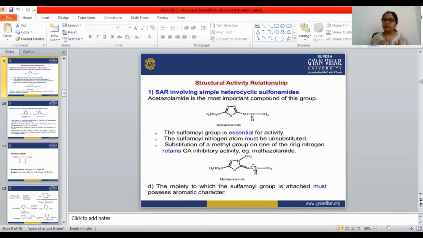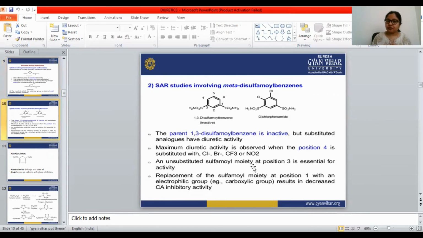Acetazolamide as well as methazolamide come in the category of heterocyclic sulfonamide carbonic anhydrase inhibitors, and dichlorphenamide comes under the category of meta disulfamyl benzene. But all three drugs are carbonic anhydrase inhibitors.